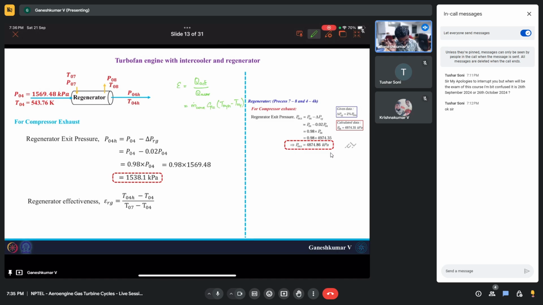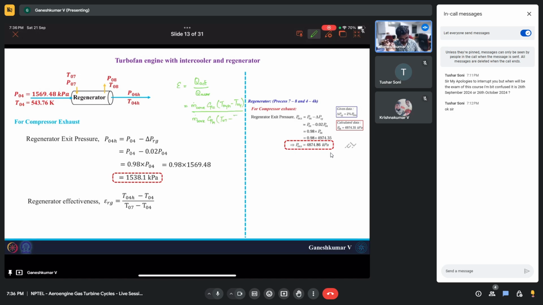This is the actual heat transfer divided by the maximum heat transfer that can happen, which is again m dot core CPH. The hot stream has to reduce from T07, the exit of the hot stream, to the inlet of the cold stream, which is T04.